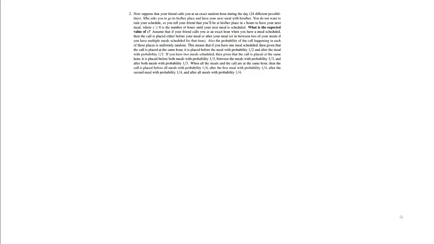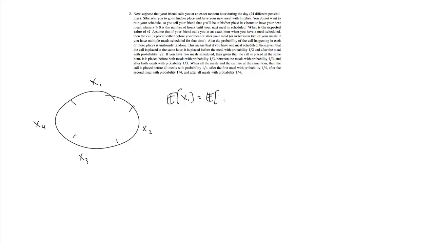So using the argument we had from the previous part, if we have 4 events now, and we call the wait times between these events x1, x2, x3, and x4, we have that the expectation of x1 is equal to the expectation of x2, which is equal to the expectation of x3, which is equal to the expectation of x4 by symmetry.